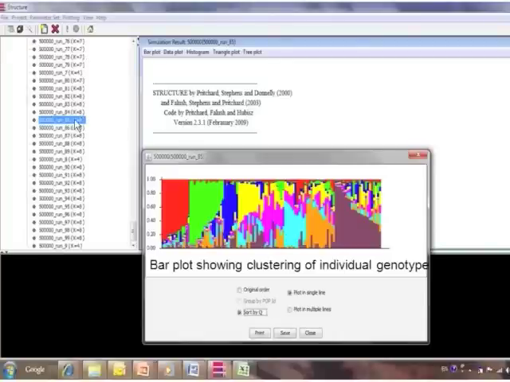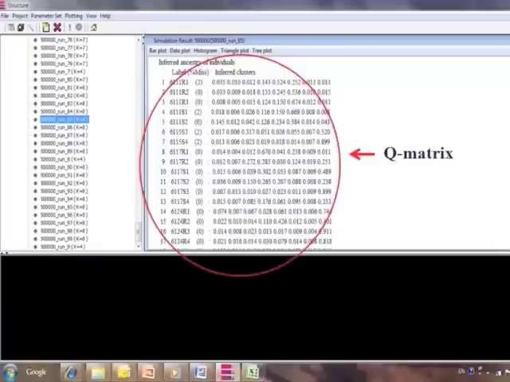From here, find one of the 20 simulations for the best K. Then at the right window, you can see the detailed output of your simulation. And also this is the bar plot showing the graphical representation of your Q matrix.